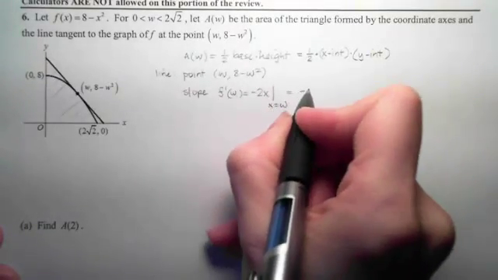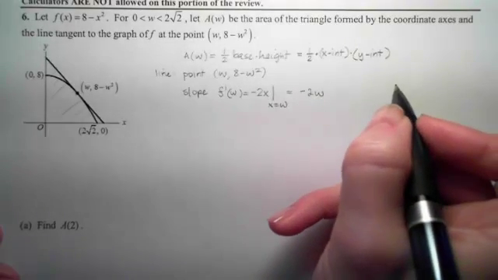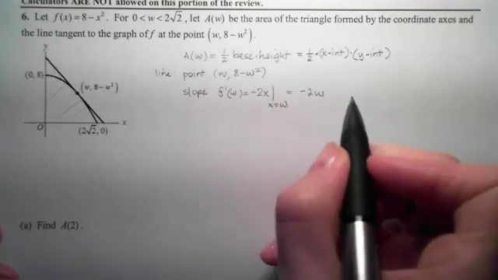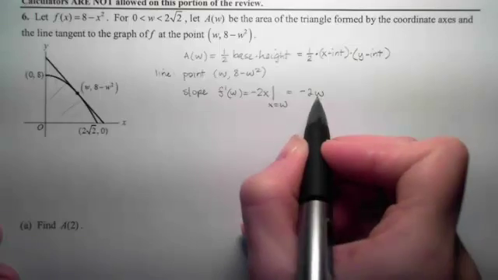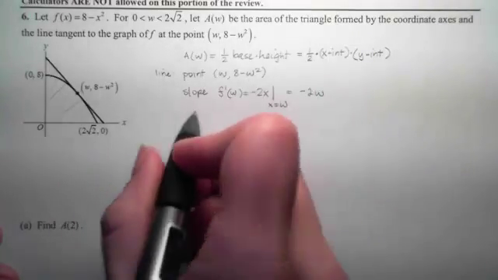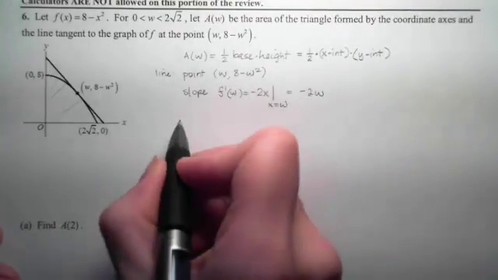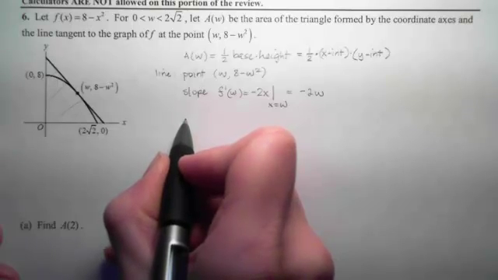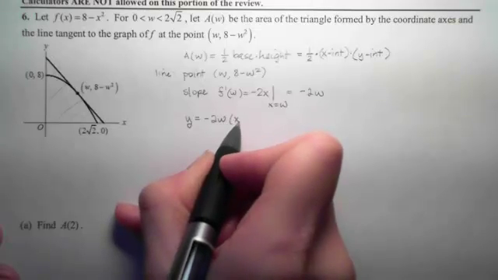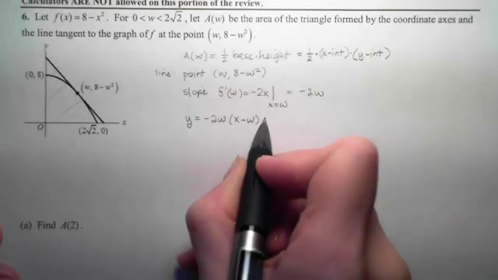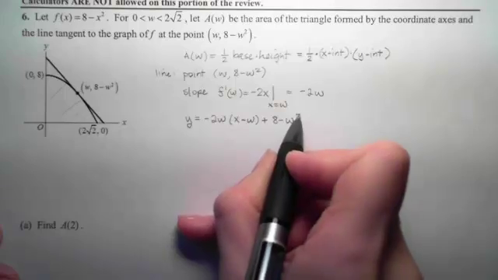So my slope is negative 2w. Again, this is where I will stop grading if that slope has an x in it, because when you write the equation of the line, you need the slope that goes with the point. So now that we have the point and we have the slope, we can write the equation of the line, which is y equals the slope times x minus the x coordinate, plus the y coordinate.